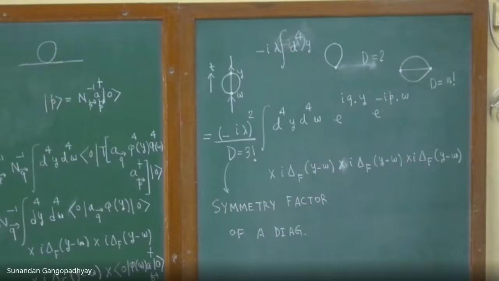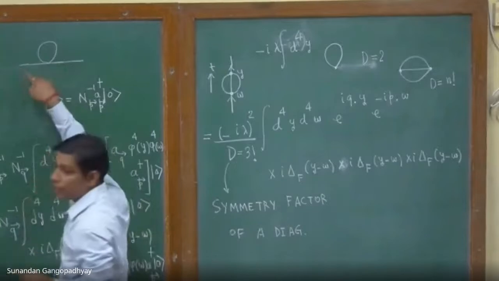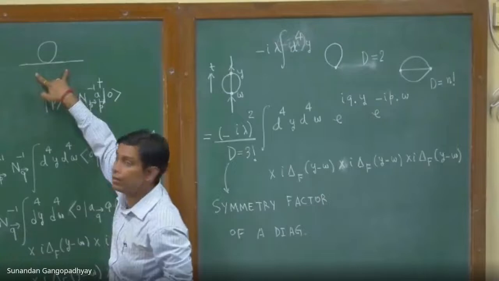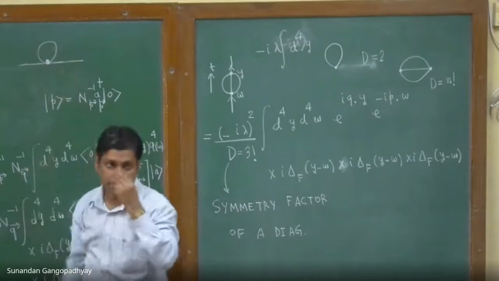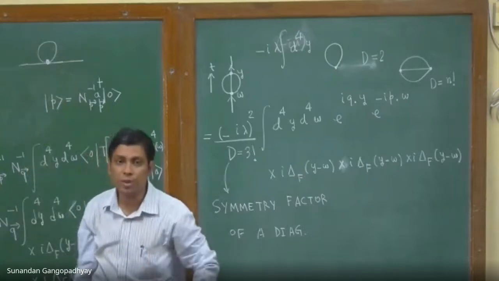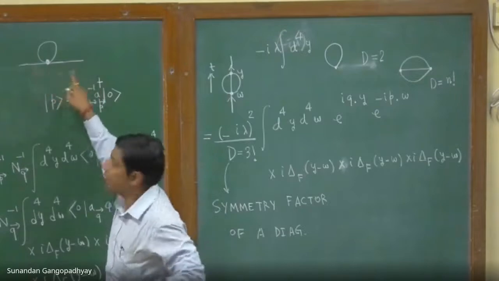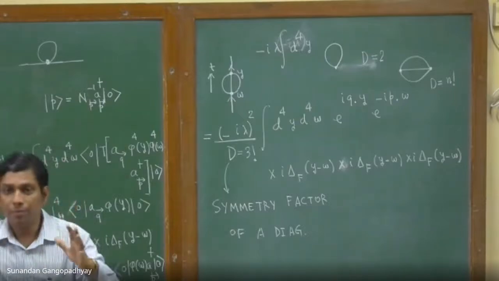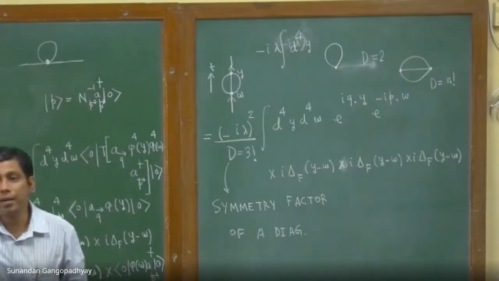Okay. If you remember this particular diagram, what is the structure of this diagram? You see that there are two external lines and there is one vertex and there is one loop, right? So this is the anatomy of this Feynman diagram. And if you remember, this diagram came from the contraction by using Wick's theorem, and the term in the S matrix expansion from which this diagram resulted actually had a factor of 12.